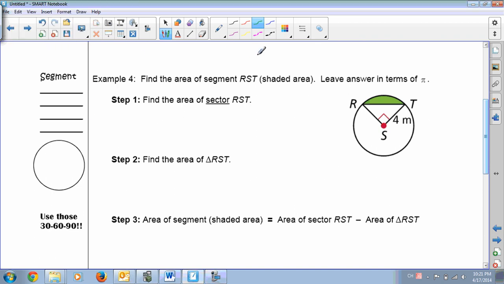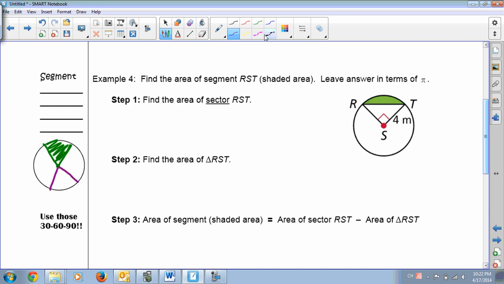Okay, so far you've learned what a sector is. A sector is just a region of our circle, the shaded region of our circle. Okay, a segment is actually, I'm going to show you a picture of it before I actually write it out for you. Here's another sector that I'm drawing in purple.